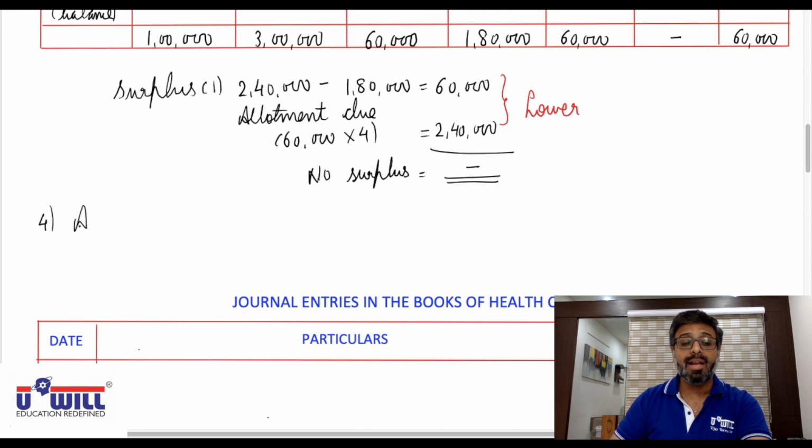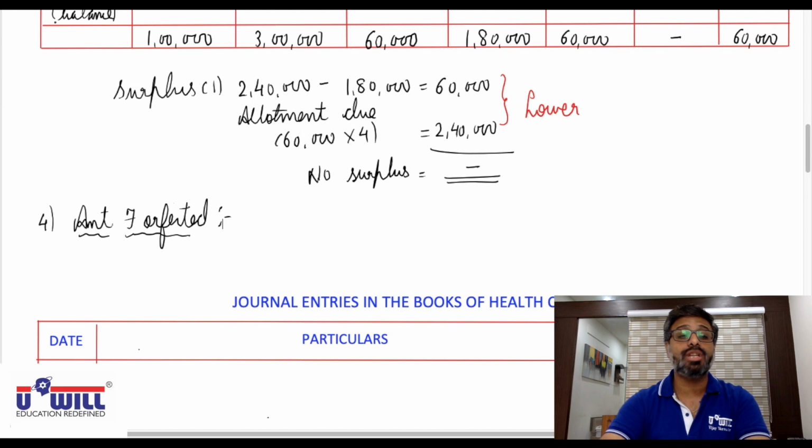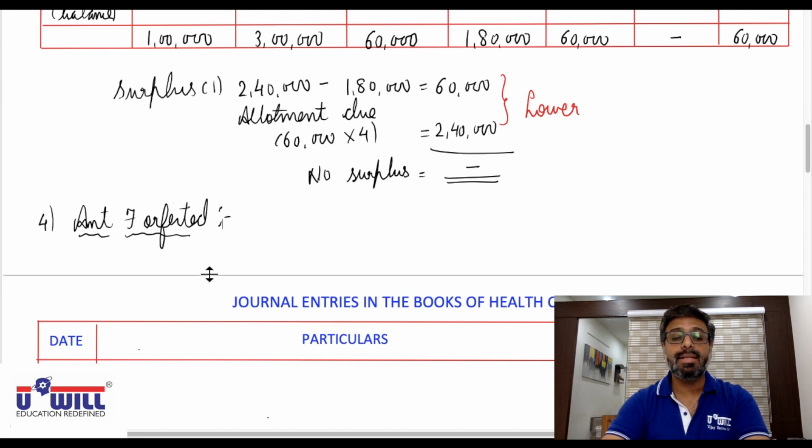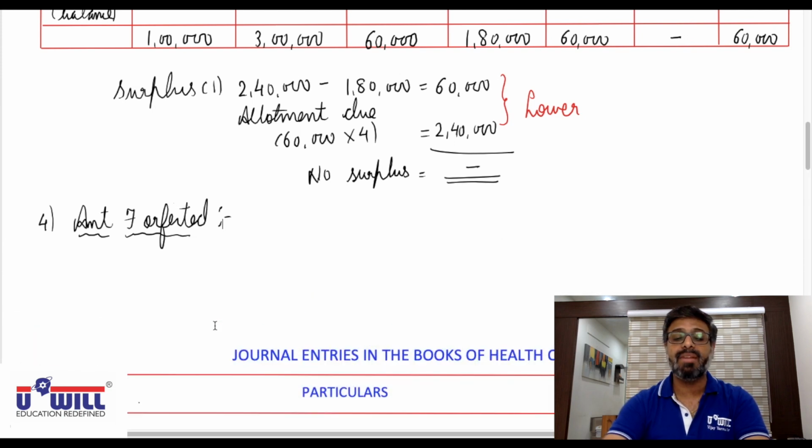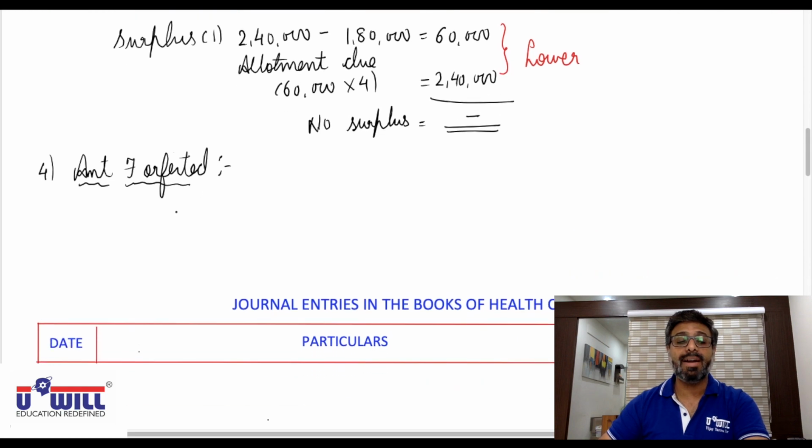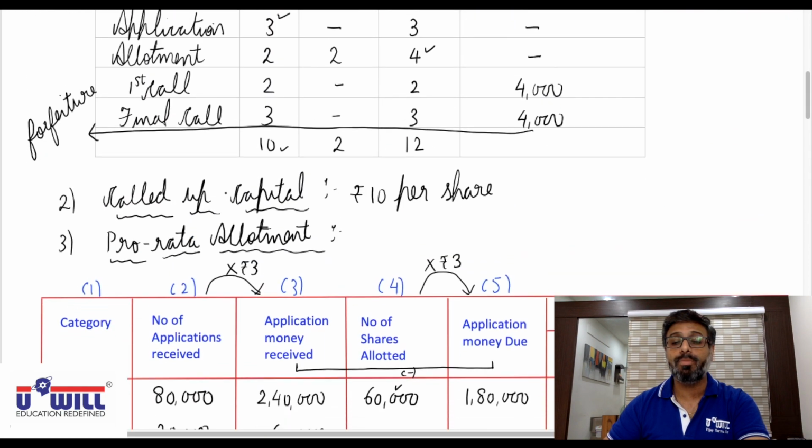Moreover, even the amount forfeited we will find by the same traditional manner as we used to do earlier. That's why I said in today's question in the beginning itself that this question will be simpler than the previous question.